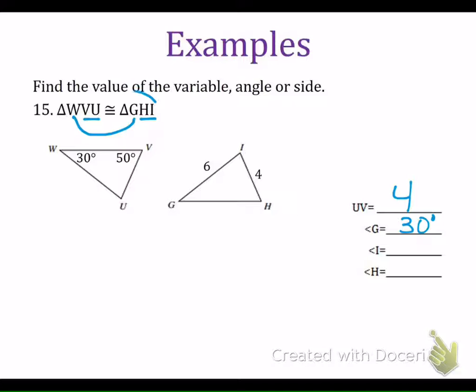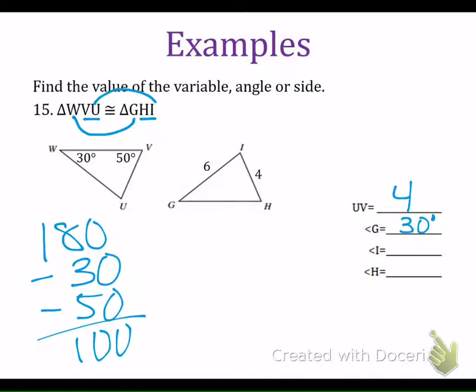All right, I goes with U. I don't know angle U. Yeah, but I can do the 180 minus trick. It would be 100. So angle I is going to be 100 degrees. Which leaves us with H and V, 50.